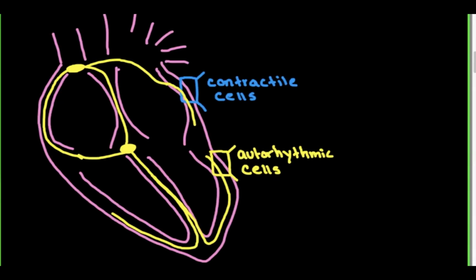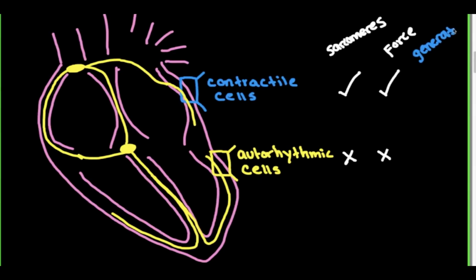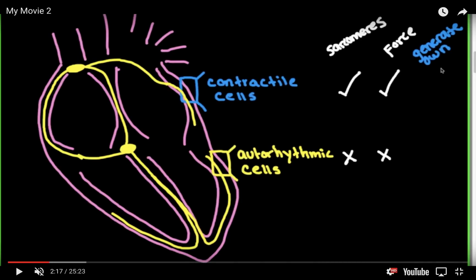If we start comparing these two in terms of what they do and what they look like, we see that contractile cells do have sarcomeres, autorhythmic cells do not. As a result, contractile cells can generate force, autorhythmic cells cannot. But the most important and unique thing is whether or not this cell type or that cell type can generate their own action potential.